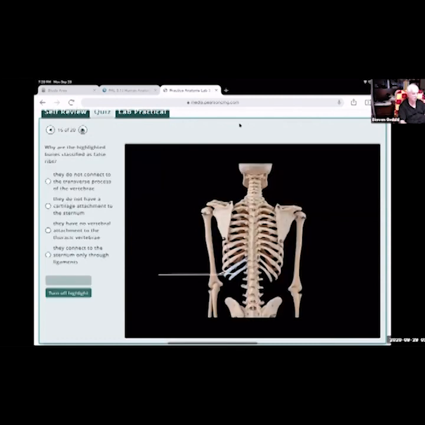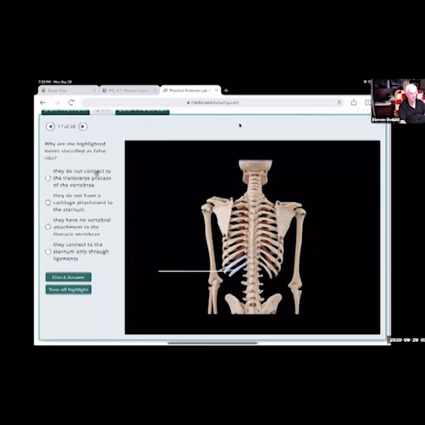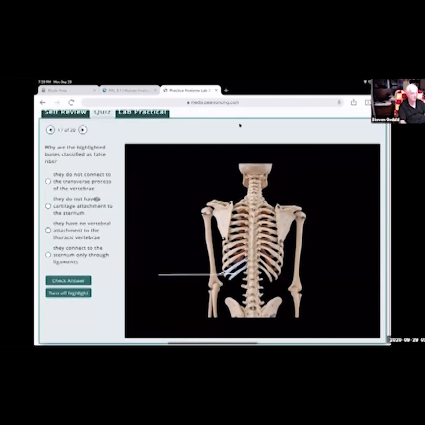Okay. Why are the highlighted bones classified as false ribs? First one: they do not connect to the transverse process of the vertebrae. That's false, because they connect right here to the vertebrae. They do not have a cartilage attachment to the sternum. Sounds pretty good.